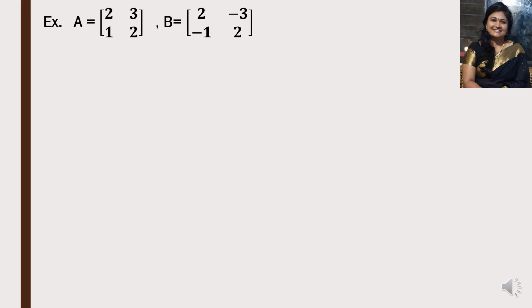The first row contains the elements 2 3, and the second row contains the elements 1 2. So matrix A has 2 rows and 2 columns. The columns are 2 1 and 3 2, and the rows are 2 3 and 1 2.